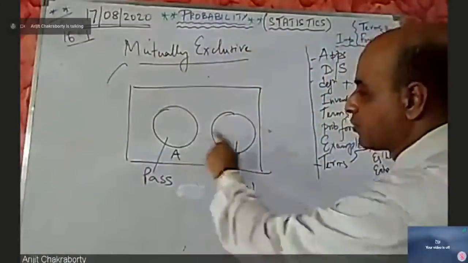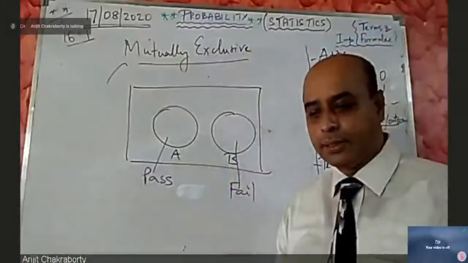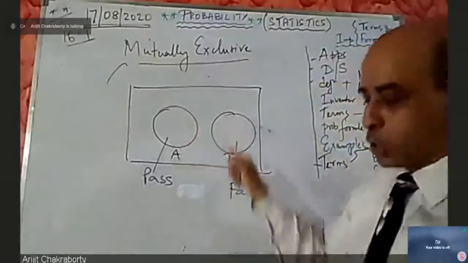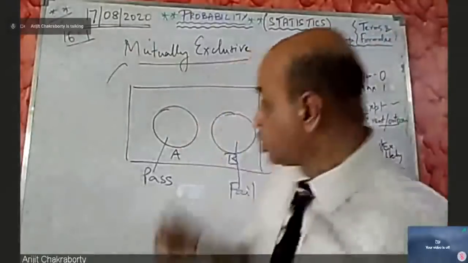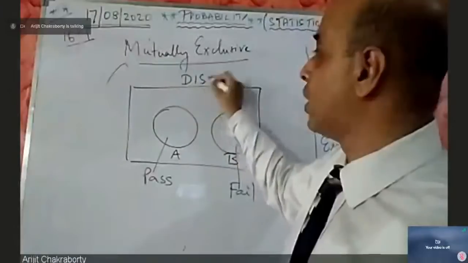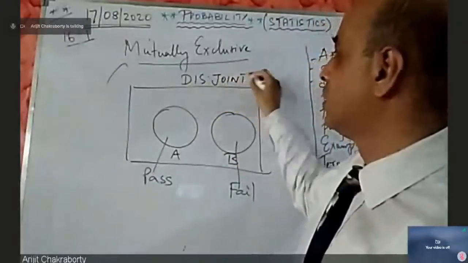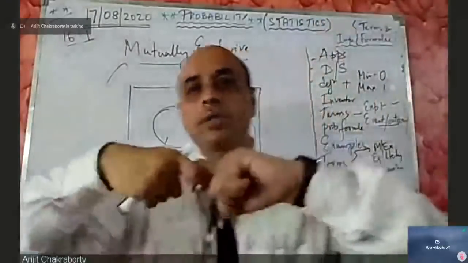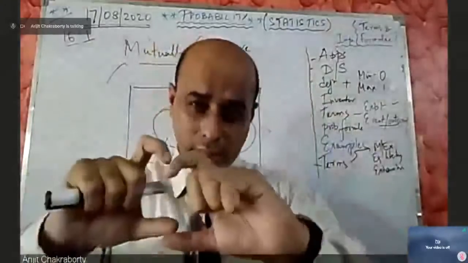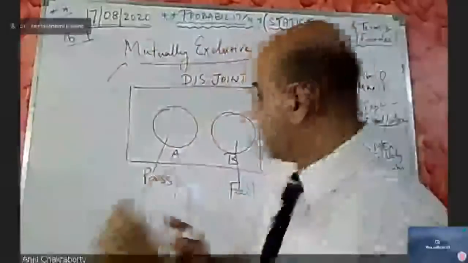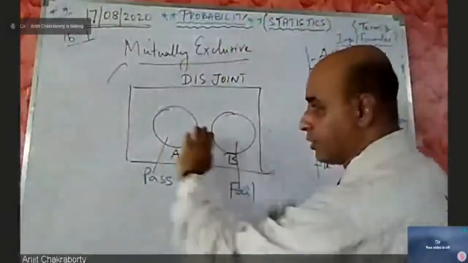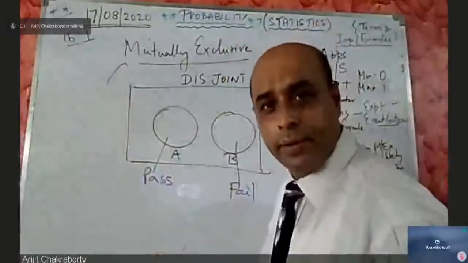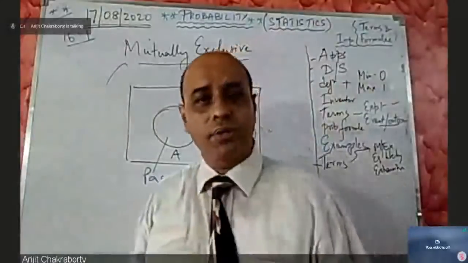No. So you see, these are disjoint. We call it disjoint. That means they are not linked. They are separate. Why? Because they cannot happen together. They are separate. Okay? You cannot have both of them together.